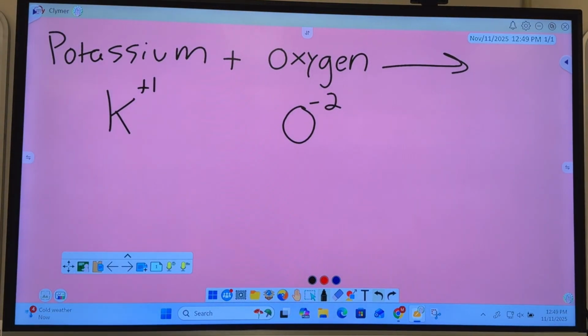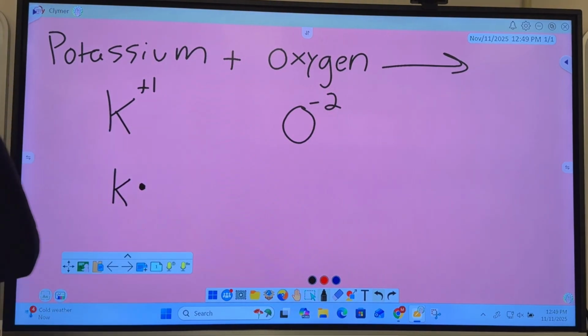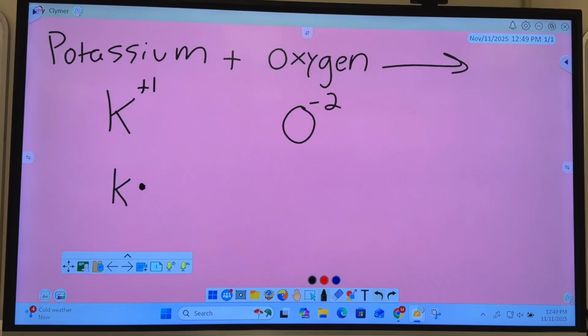Next, we are going to do the dot diagram for these two ions. The one for potassium is pretty easy. What's potassium going to look like? What's the dot notation here? Just 1. How do you know it's just 1? What about the ion tells you that it's going to have just 1 dot?